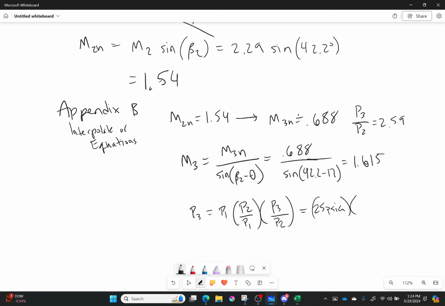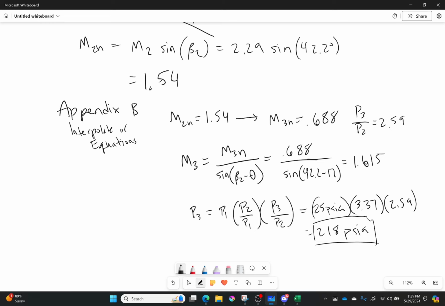And then P2 over P1 was 3.37, and then P3 over P2 was 2.59. So it gives me a pressure in the end of 218 psi absolute. Not quite a factor of 10, but still a great increase in pressure. So if I was using this as a compressor, it's working pretty well. And things like this are used for compressors.